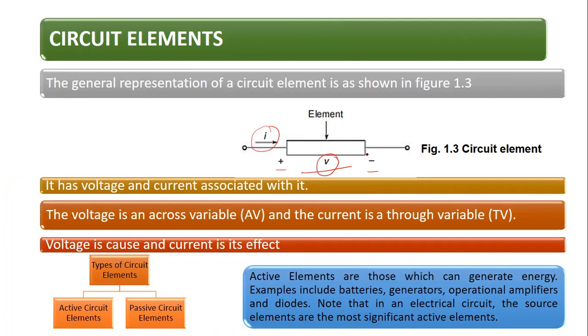What does it indicate? It indicates that voltage appears across an element, and current flows through an element.